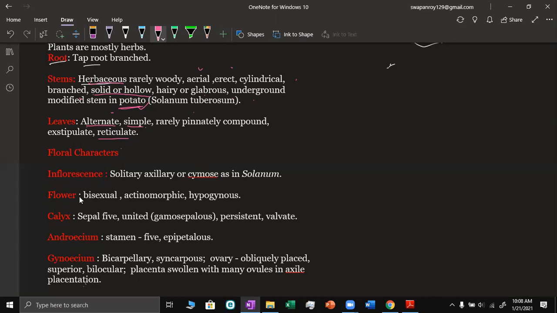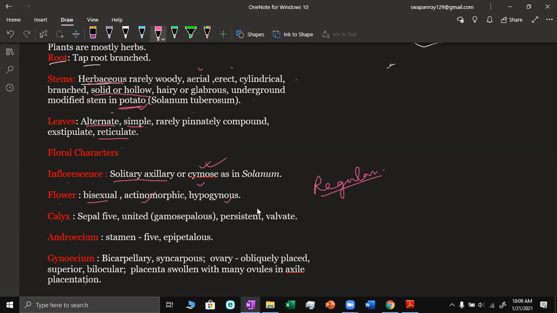Important floral characters: inflorescence is a solitary axillary flower, like in case of petunia, you will see one flower at the axil of each leaf, or in some of the groups, in brinjal, tomato, there is cymose inflorescence. The flower is bisexual, complete, regular, that is uniformity is there, radial symmetry is there, so it is actinomorphic and hypogynous.